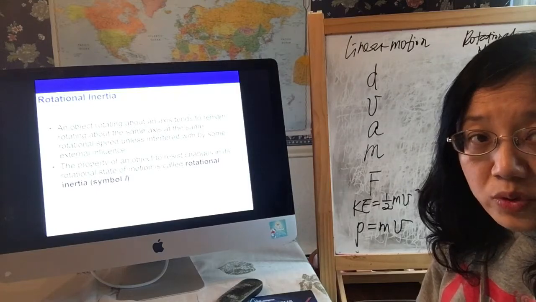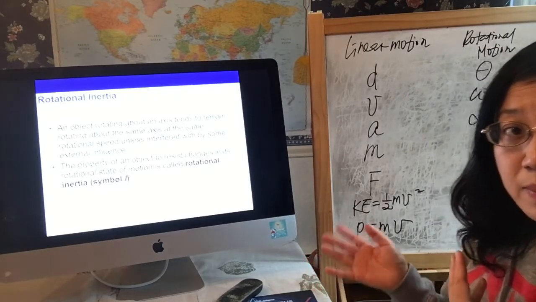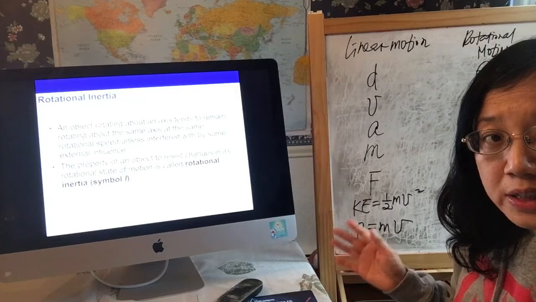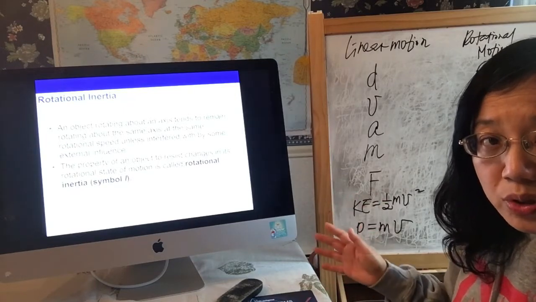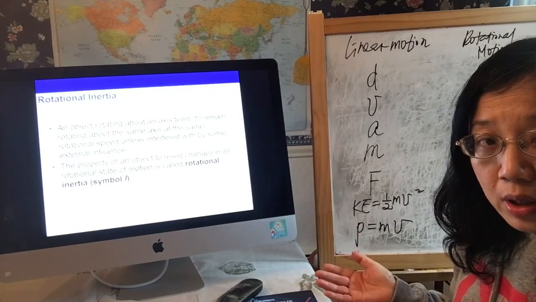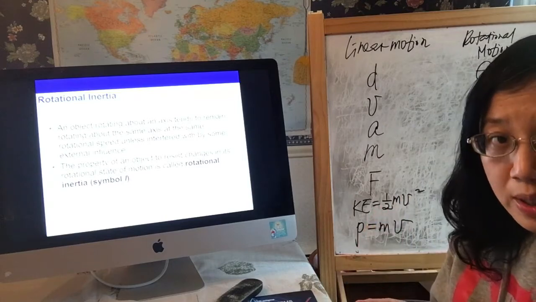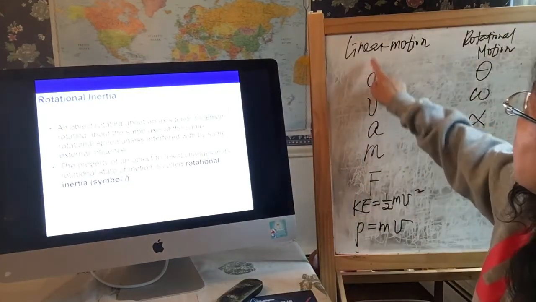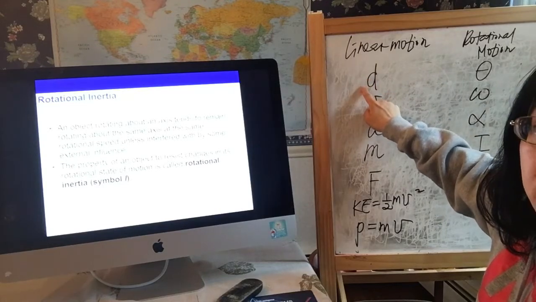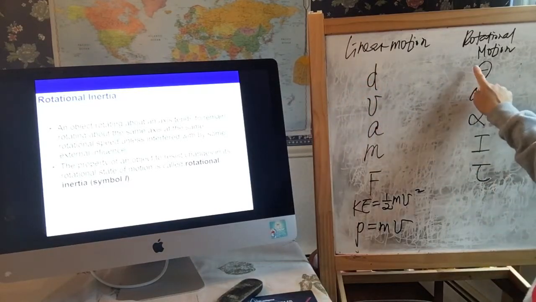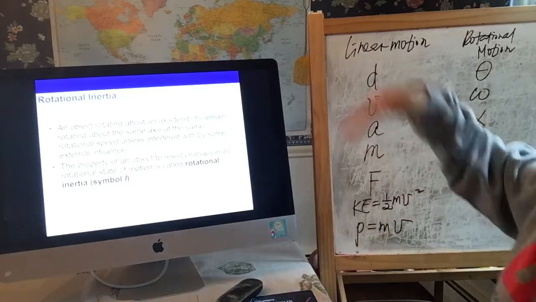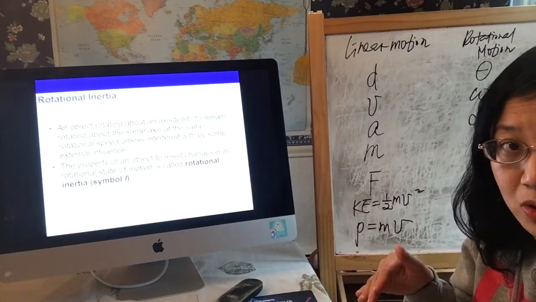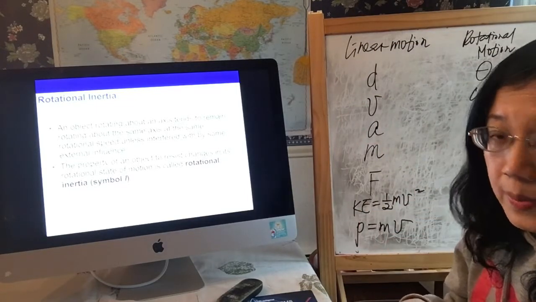So in rotational motion, we have some similar quantities that we can use to describe rotational motion to the ones used to describe linear motion. In linear motion, we have displacement or distance, but in rotational motion, we use angle to represent displacement, so we call it angular displacement.